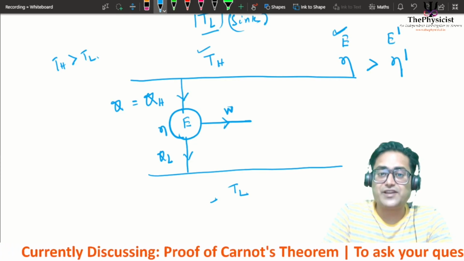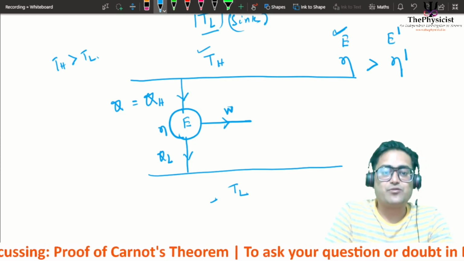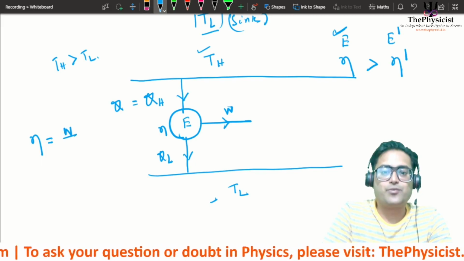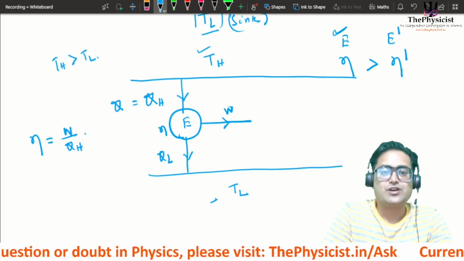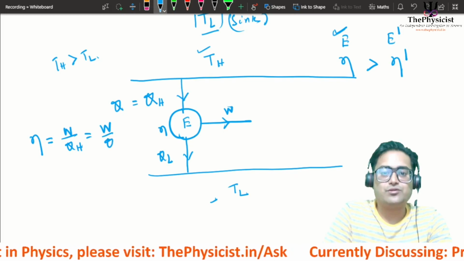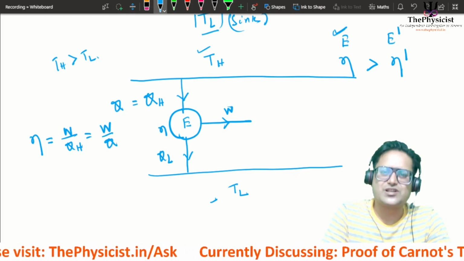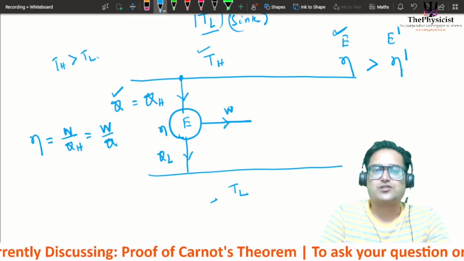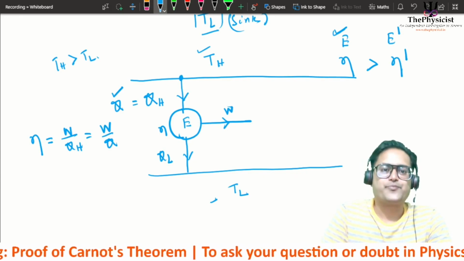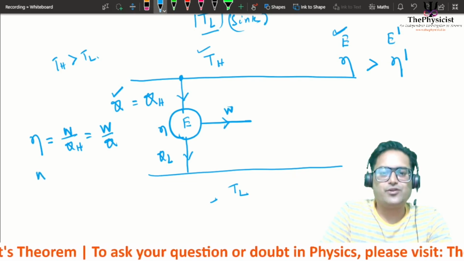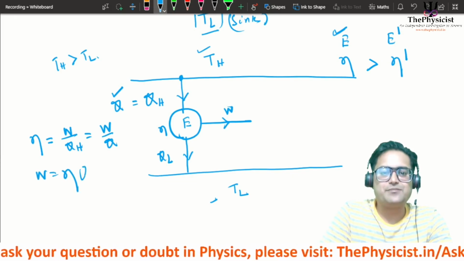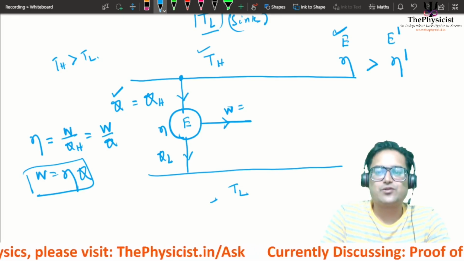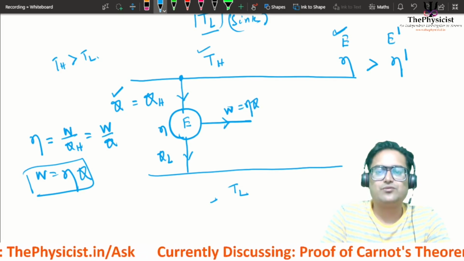So the efficiency of E is eta. So now we know eta is equal to W upon QH, which is W upon Q. I say that QH is Q. Let's suppose I am extracting Q amount of heat from the source, right? Now, what happens to W? W equals eta times Q, yes, by definition, right? So W is equal to eta times Q.